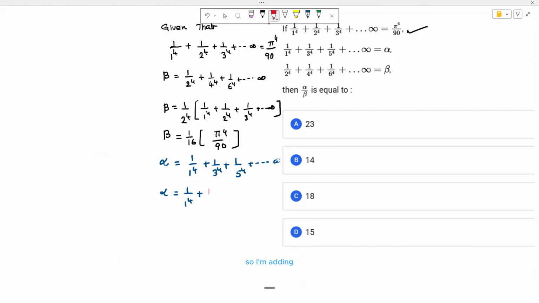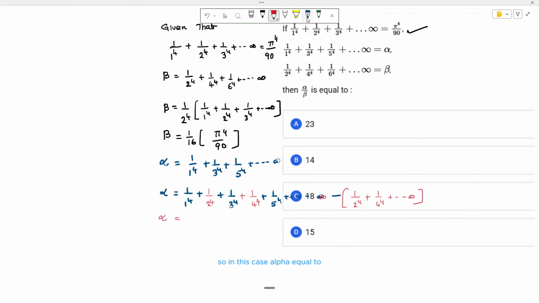So I am adding 1/2^4 here, and also subtracting later 1/3^4 from the previous sequence. And again I'm adding 1/4^4 and keeping the previous terms, and so on to infinity, and I'm subtracting the respective terms like 1/2^4, 1/4^4 and so on. The process goes up to infinity in both cases.